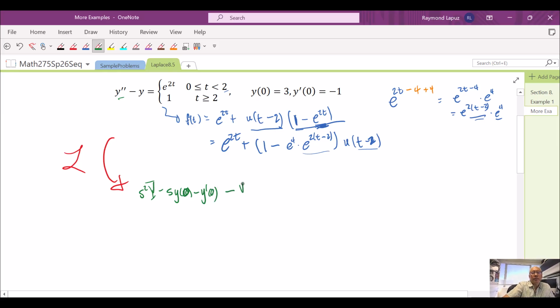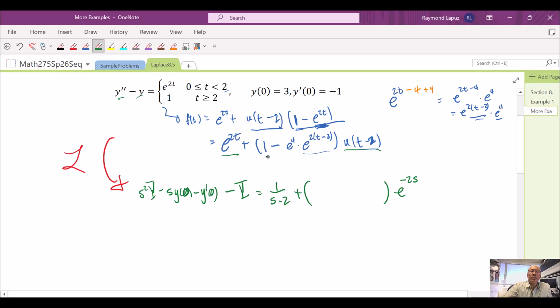And then we have just the y, is equal to, now let's do the transformation here. e to the 2t is 1 over s minus 2. And then now we have the transformation with the step function that is going to give us the e to the negative 2s power, the exponential.